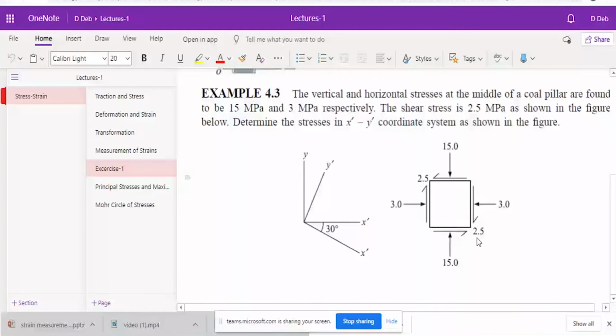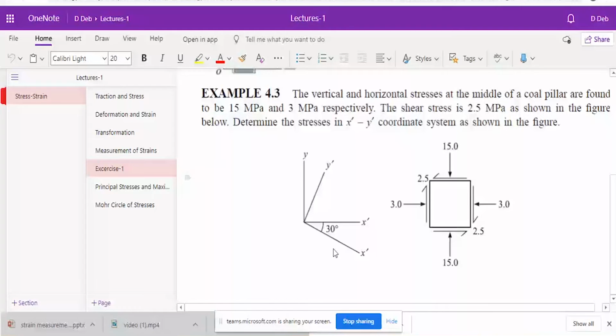Now, when you rotated this by 30 degrees, what happened to shear stress in this direction? It became a negative value, isn't it? So it changes from positive to negative. When it changes from positive to negative, that means it definitely crossed zero.